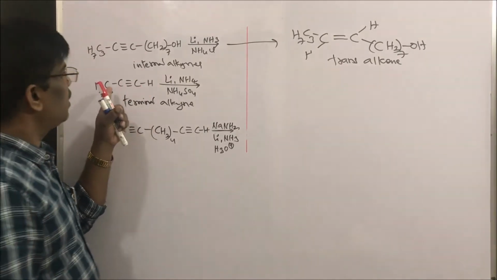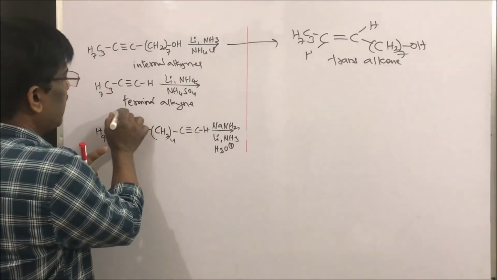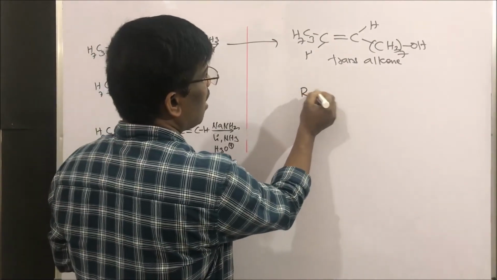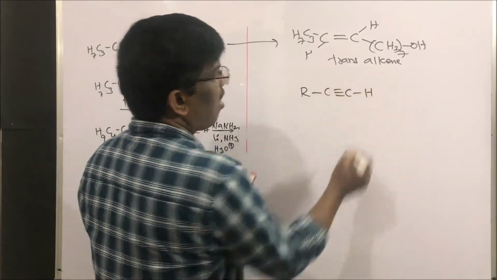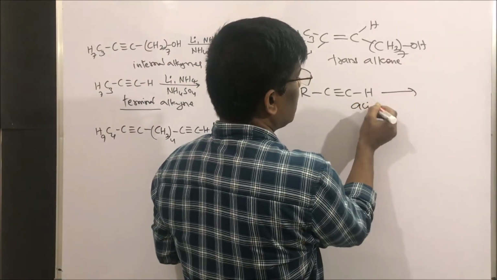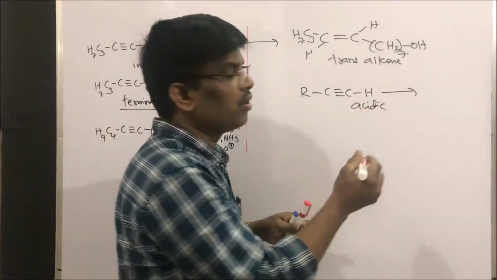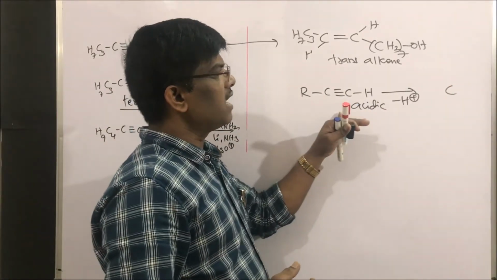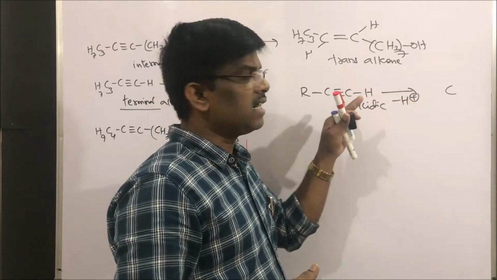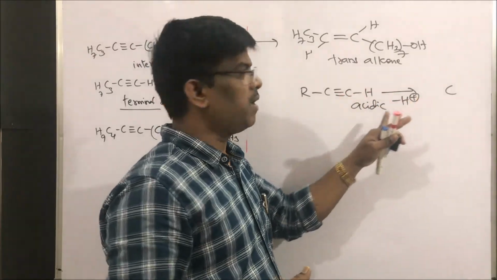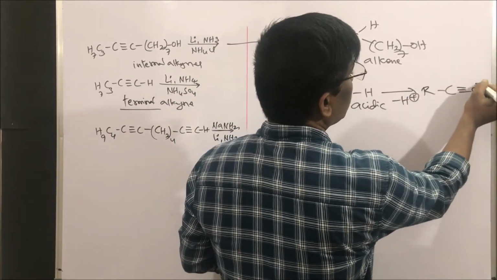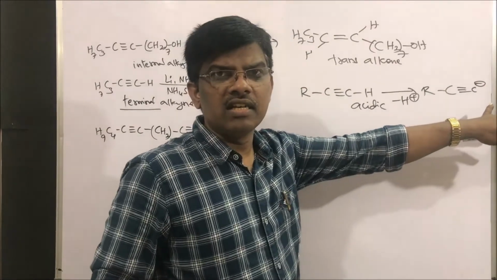However, when it comes to terminal alkyne, what is happening? We know that alkynes are acidic. So terminal alkynes readily lose H plus ions to give carbanion. This is electron rich, isn't it?